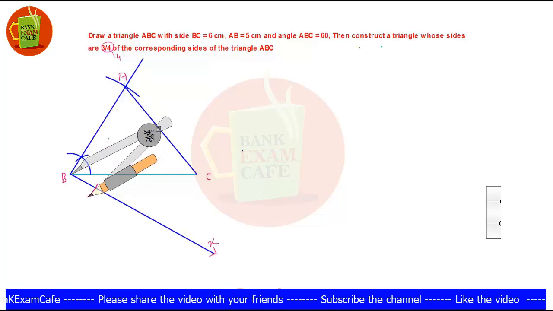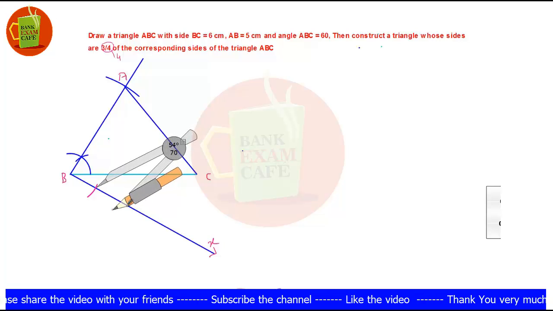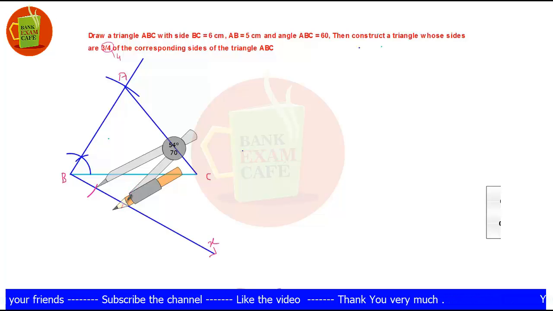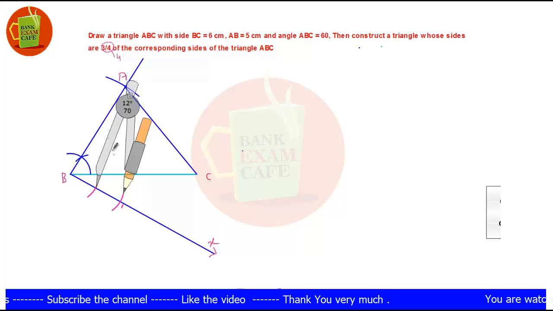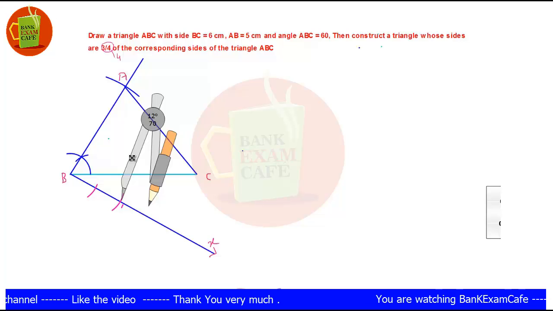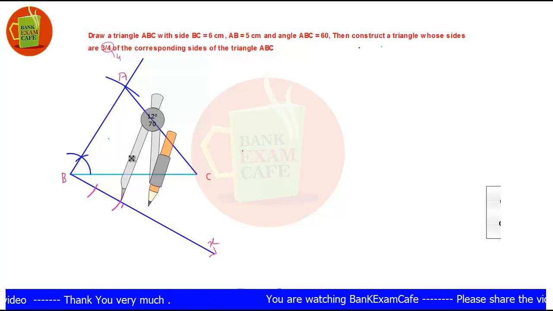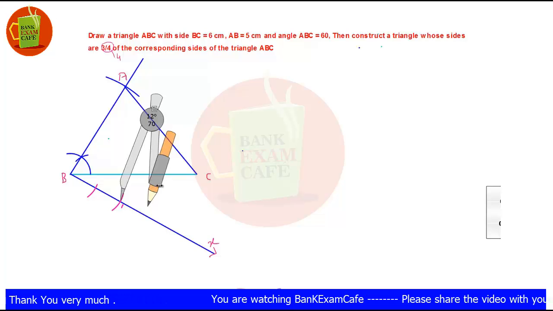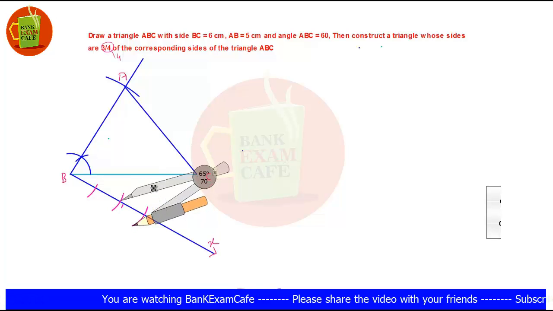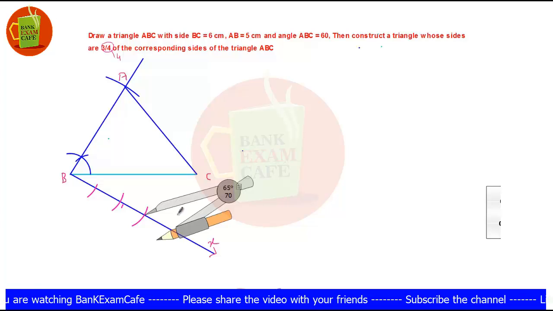This point will be B1. Now take B1 as the center and draw another arc. This point will be B2. And then draw third arc, then take B3 as a center, draw the fourth arc.